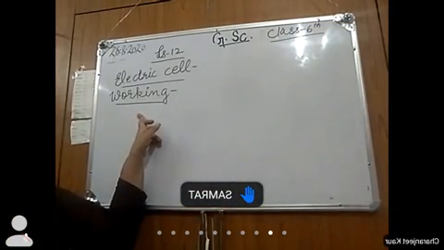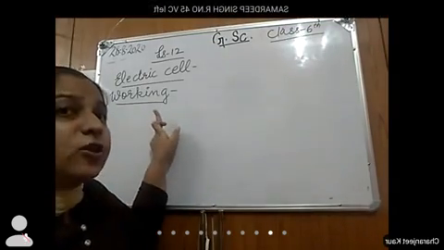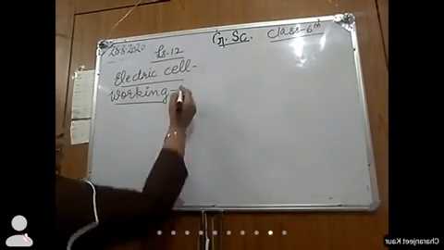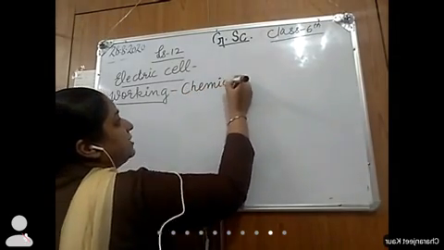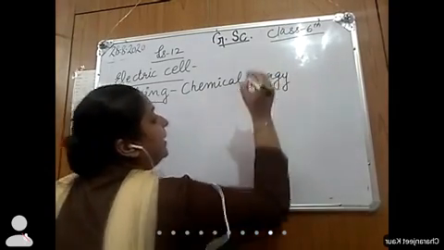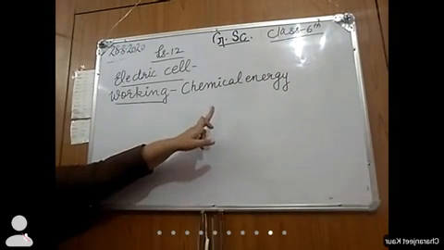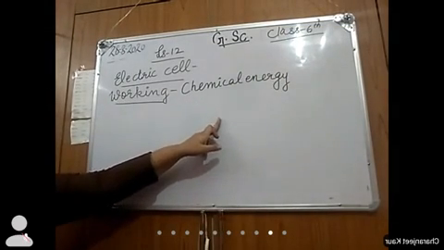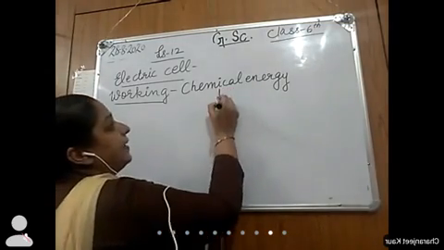How the electric cell works. What happens in case of electric cell is chemical energy is present. In case of electric cell, this chemical energy gets converted into electrical energy.